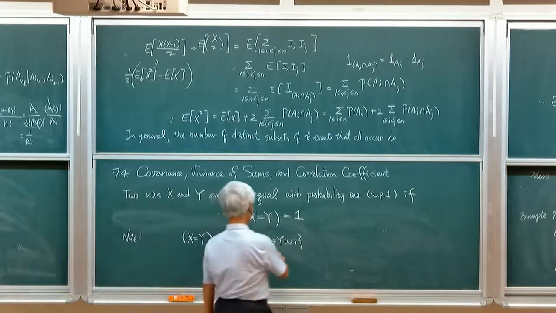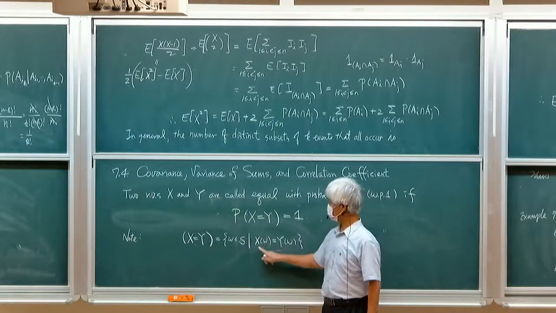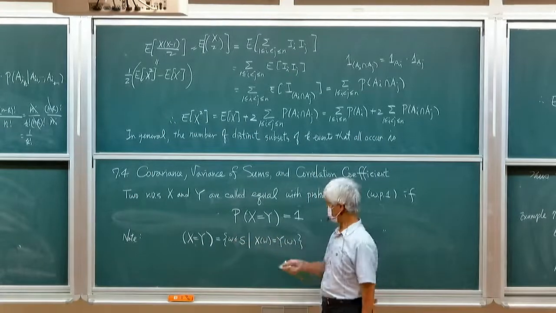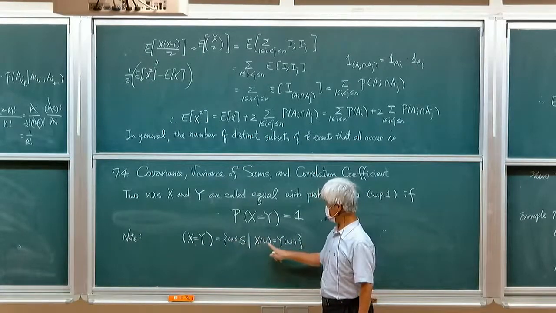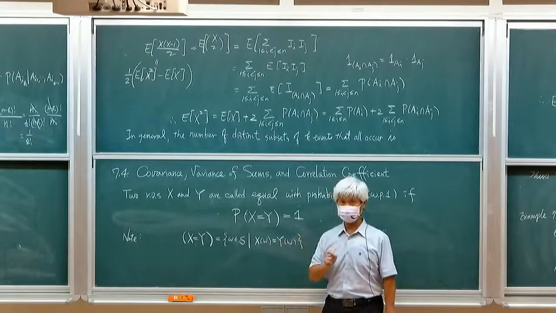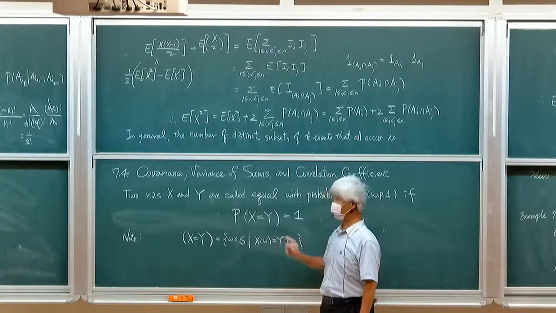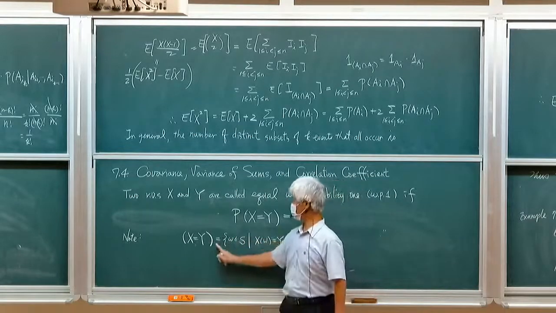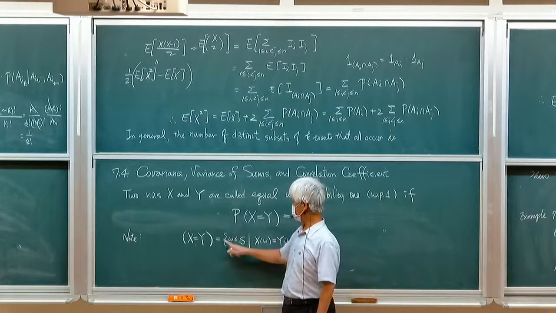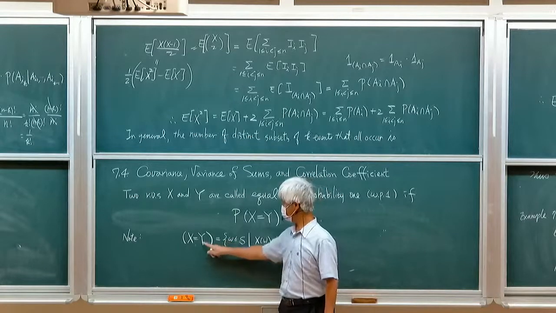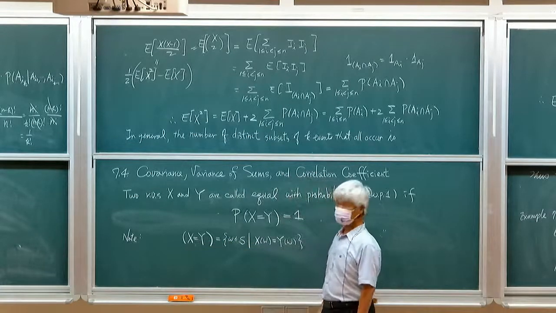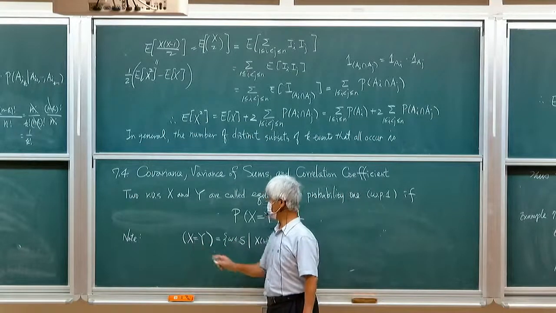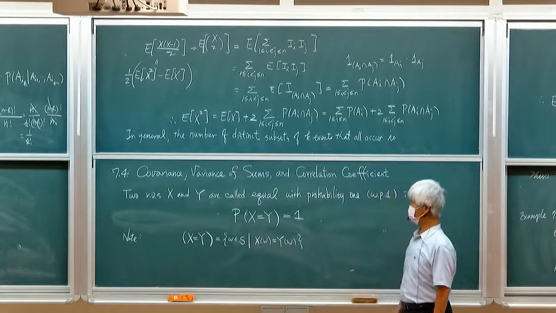So if we collect all the outcomes omega such that the x function and the y function have the same value at this outcome omega, we put them together. And it is an event of interest because x and y are random variables.